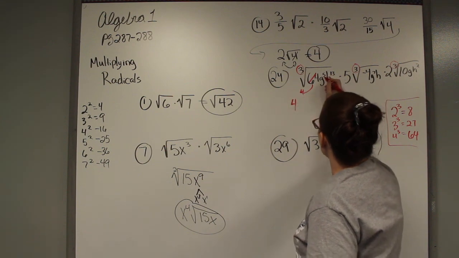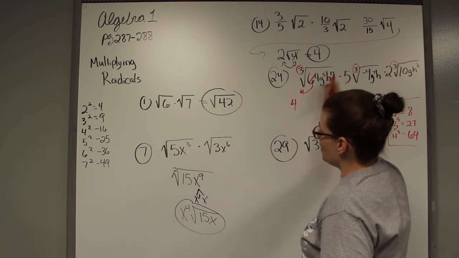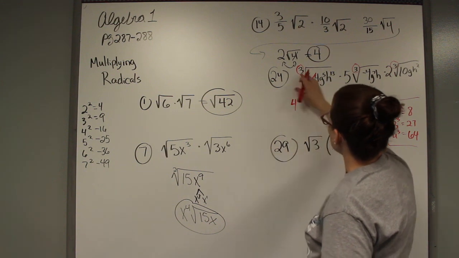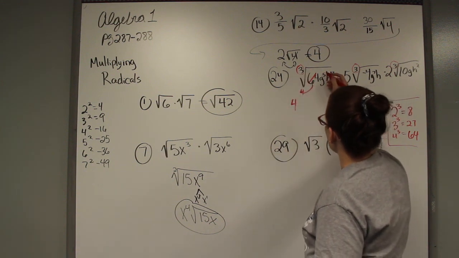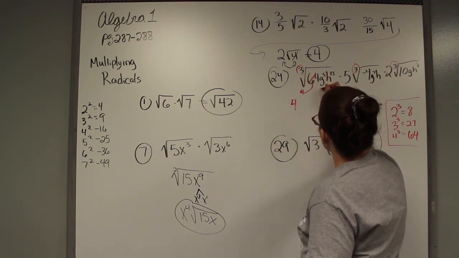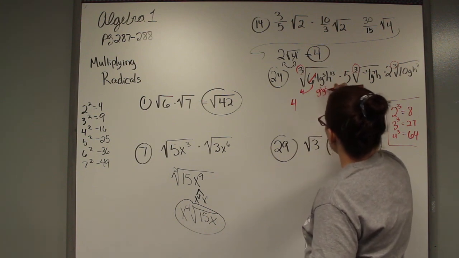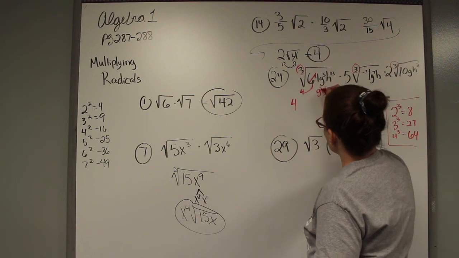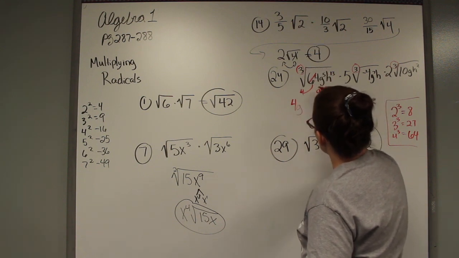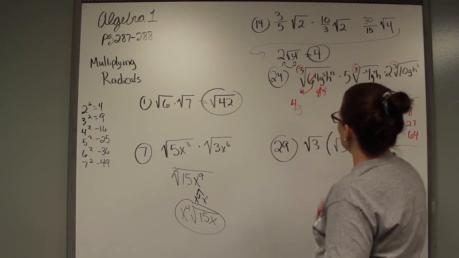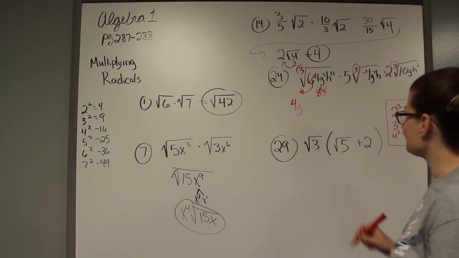All right, and then I have g^5 and h^13. Remember what I did right here and split that up? It needs to be a multiple of 3. So I could make this g^3 and g^2. Okay, 3 goes into 3 one time, so a g would come out here, and that would leave g^2 inside.